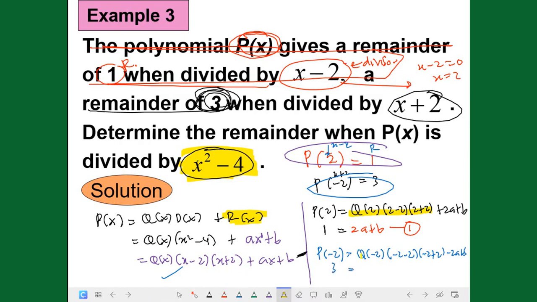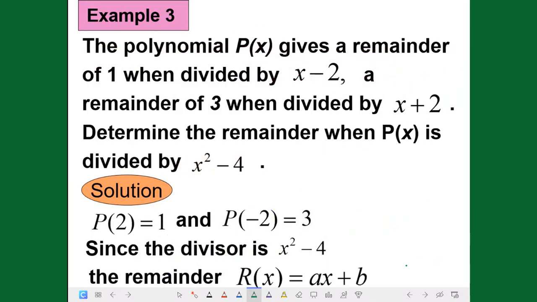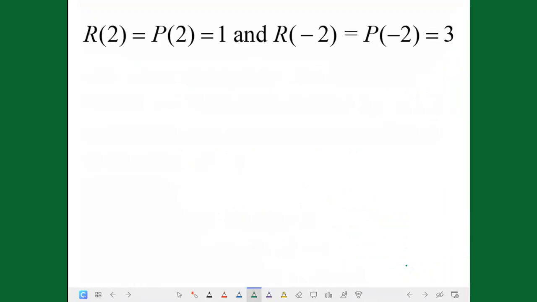This is 0, this is the concept. Then we get negative 2A plus B, the second equation. Using simultaneous equations, solve for A and B. That one is using the concept. If you want to use the usual way, we do the usual way. Simple, the usual way, don't torture yourself.